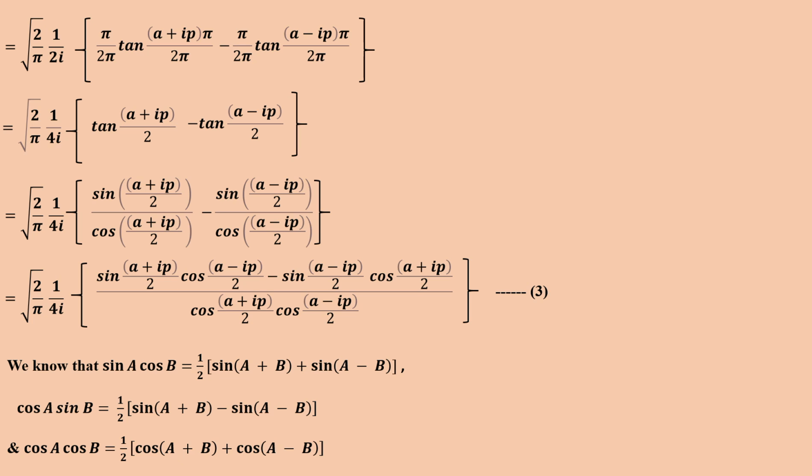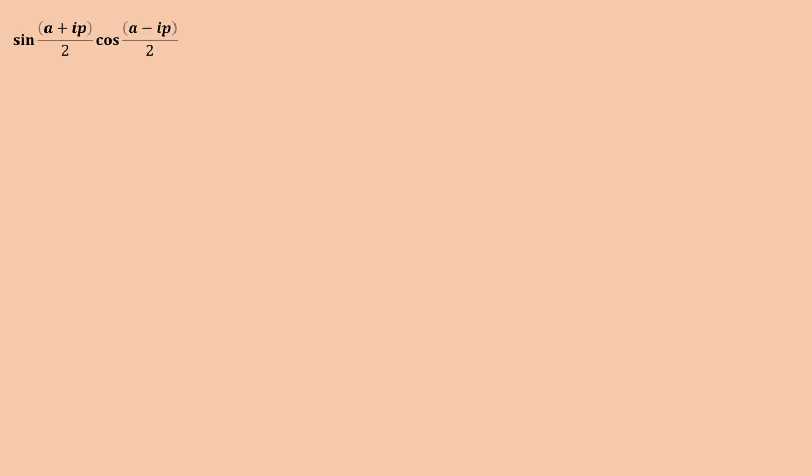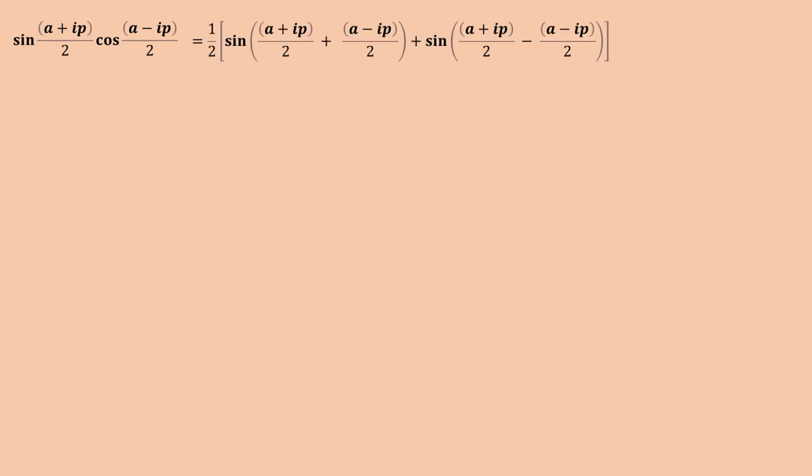So instead of a we are going to take a plus ip by 2, and b is equal to a minus ip by 2. So we will get sin a plus ip by 2 cos a minus ip by 2, from the formula, half sin of a plus ip by 2 plus a minus ip by 2, plus half sin of a plus ip by 2 minus a minus ip by 2.